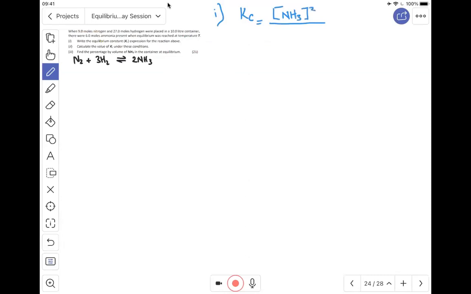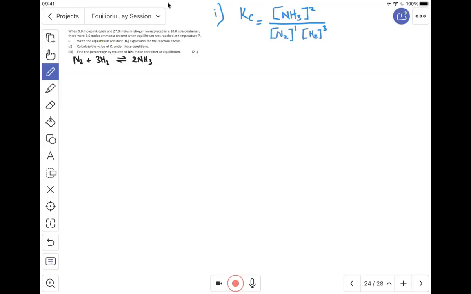So that's squared. Divided by, you put the concentration of your reactants in moles per litre raised to the power of their coefficients. So that's N2 to the power of 1 by H2 to the power of 3. So that is the equilibrium constant expression for that reaction. So that's part 1 complete.